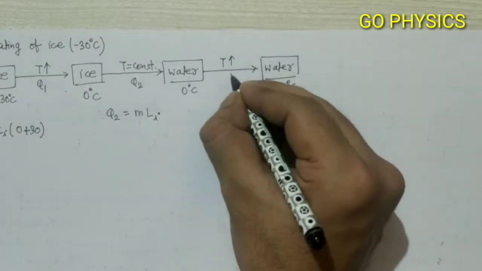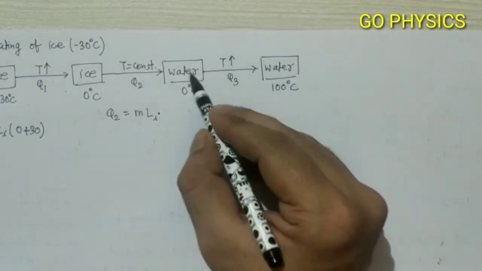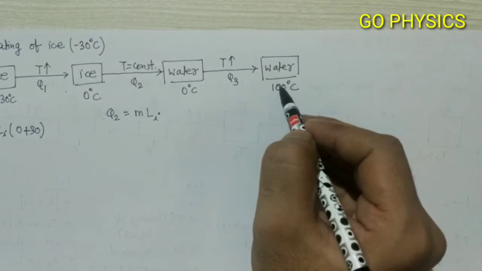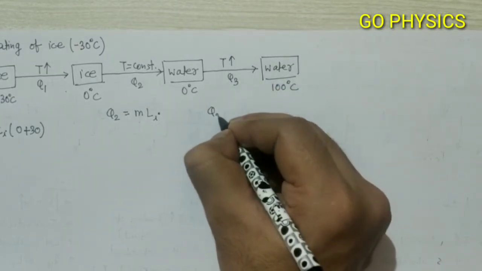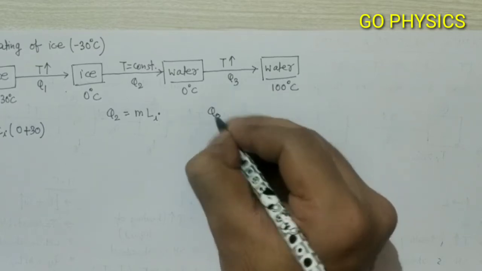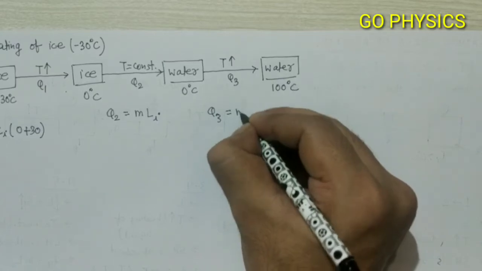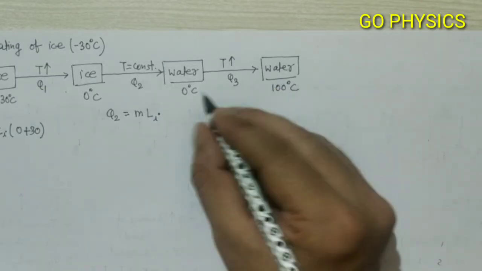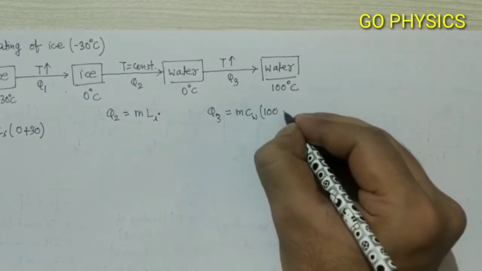And let us suppose here Q3 amount of heat is absorbed by the water to change its temperature from 0 degrees Celsius to 100 degrees Celsius. This Q3 will be sensible heat because temperature of the system is changing. So what is Q3 value? M C, C of water into delta T. And what is delta T here? 100 minus 0.